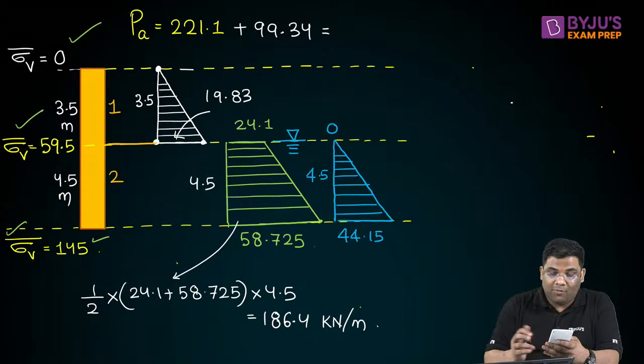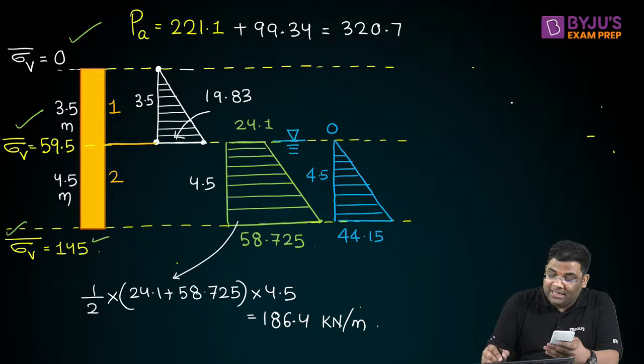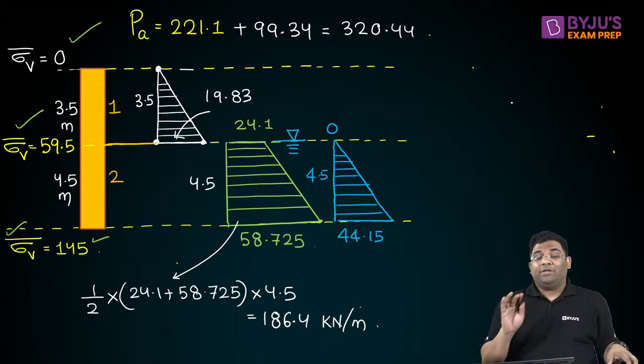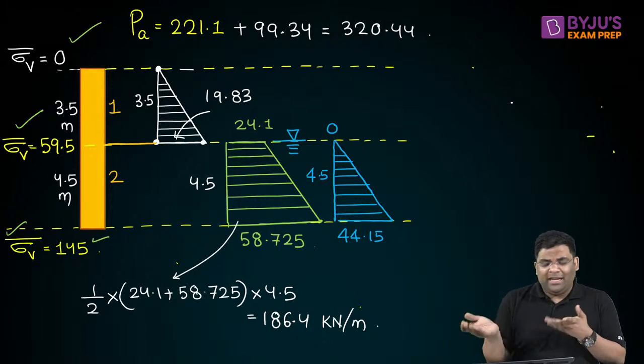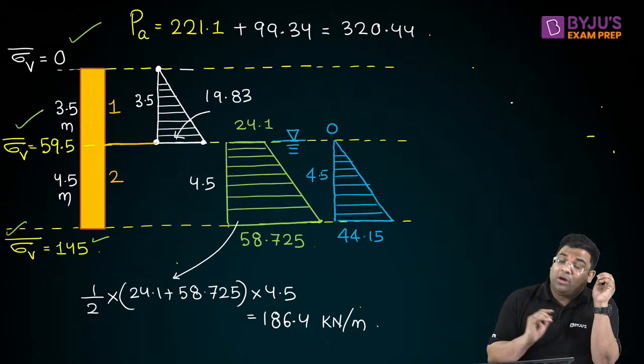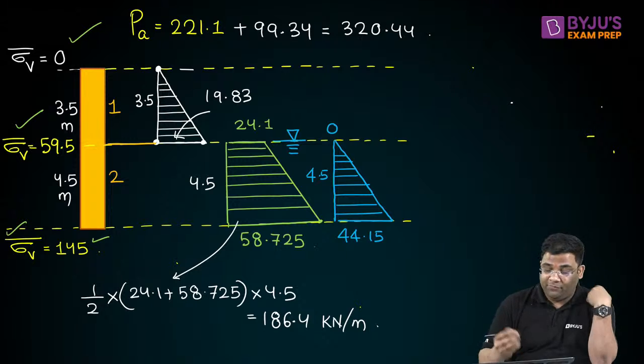I am getting 320.44. Understood? You see, very easy. If they give you different layers also, water distribution is not affected. Soil distribution is affected, and how it got affected, we found out.